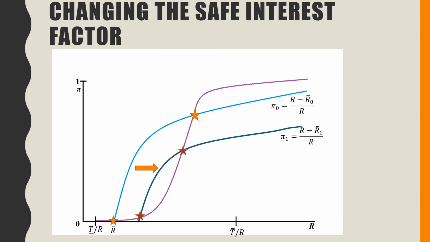Now, let's think about what happens when we change this safe interest rate factor, moving from R bar to R bar 1. So we're shifting this blue curve to this darker blue curve, and we see a shift in our equilibria points. They're getting a little bit closer together now, but again, we're still ending up with the story where our lower one is going to be more stable than the higher one here.